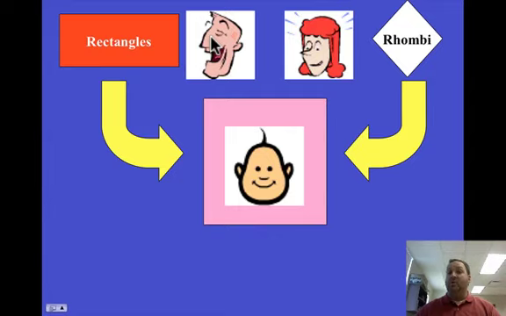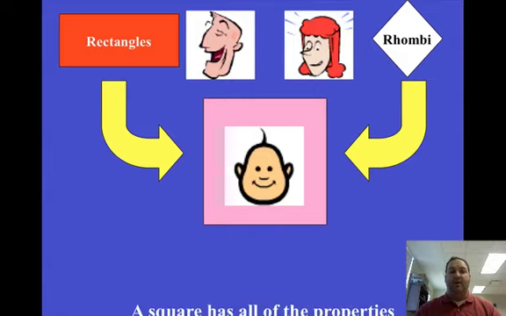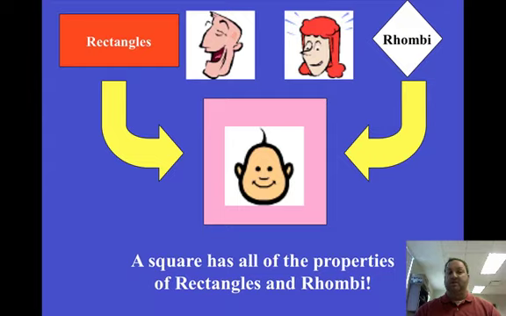So a square is very, very descriptive. It's the group that overlaps into the other groups the most. All right. Just remember that a square has all the properties of rectangles and rhombi. Okay. No special things because it has everything special.